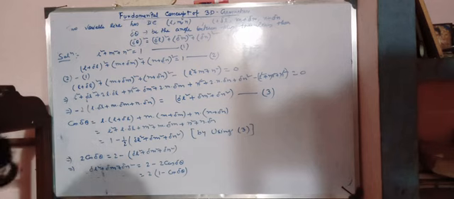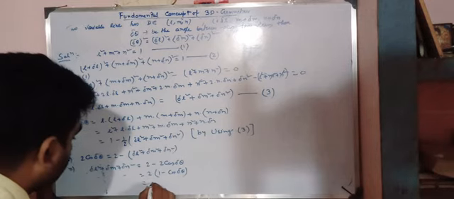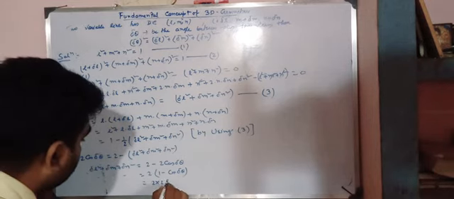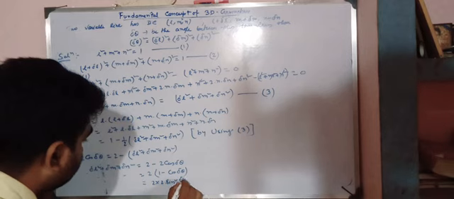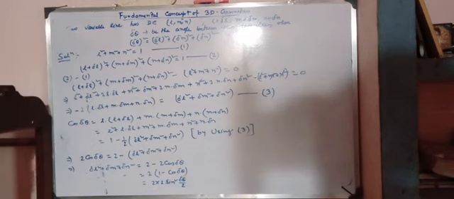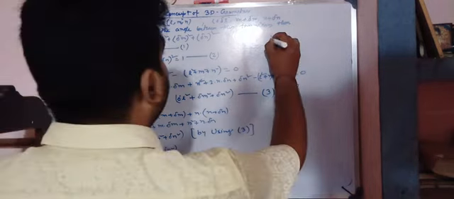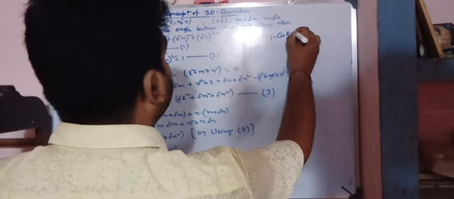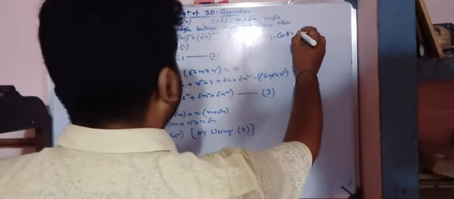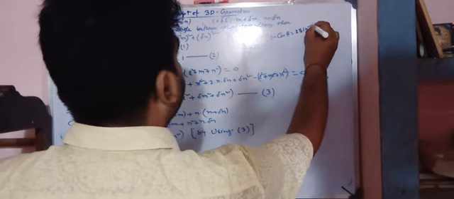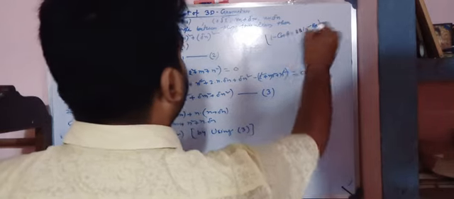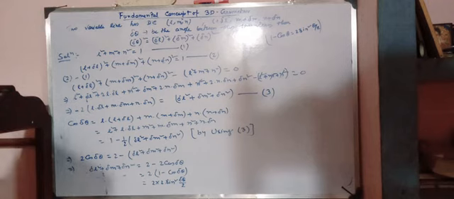That means 4 sin square delta theta by 2, since we know that 1 minus cos theta is equal to 2 sin square theta by 2. This is the multiple angle formula.